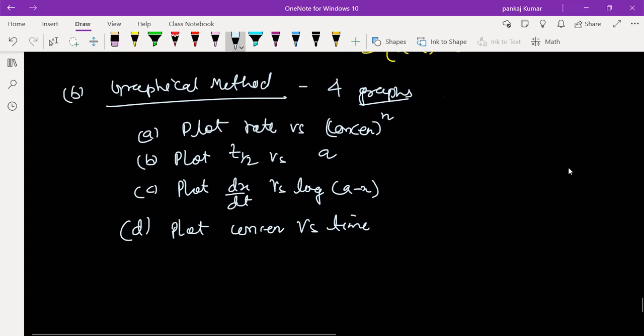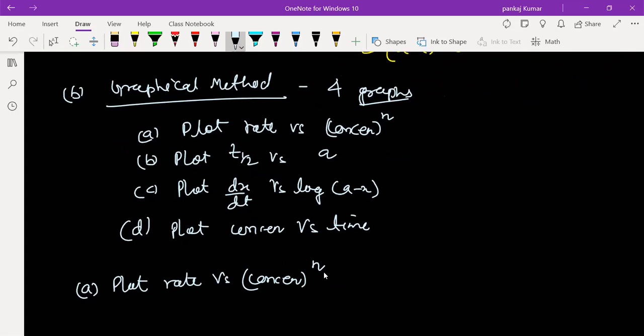First is plot rate versus concentration raised to the power n.